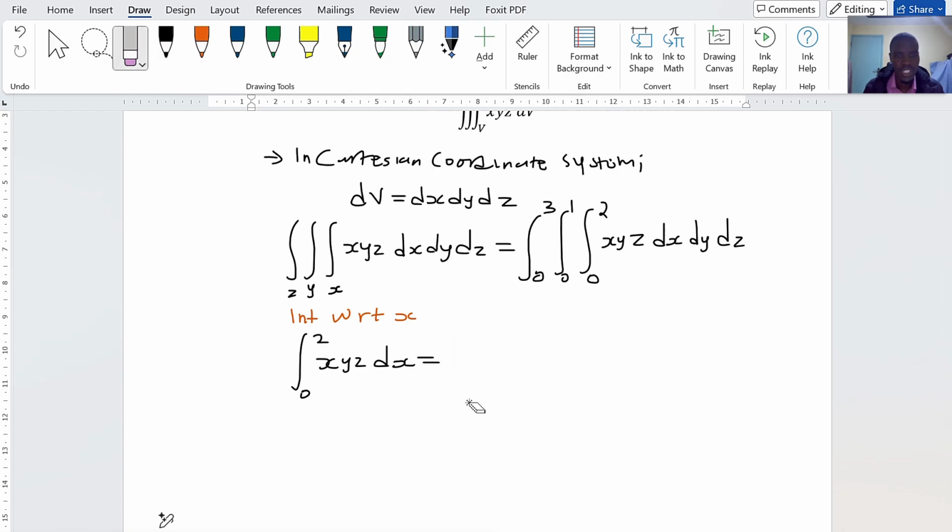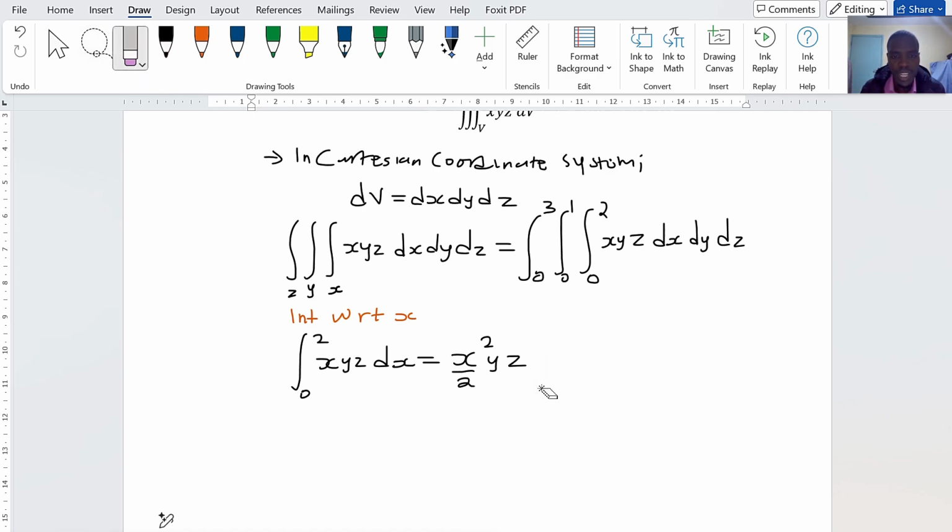You're integrating straightforward. So when you integrate this with respect to x, we simply have x power 1 plus 1, so that is power 2, divided by 2, then yz, substituting from 0 to 2. Remember, c will cancel out, so I don't need to do that.